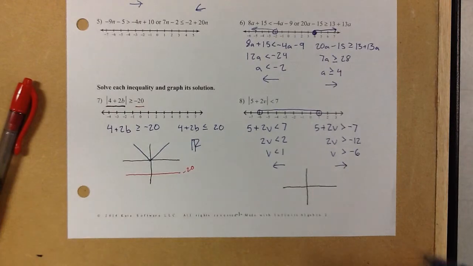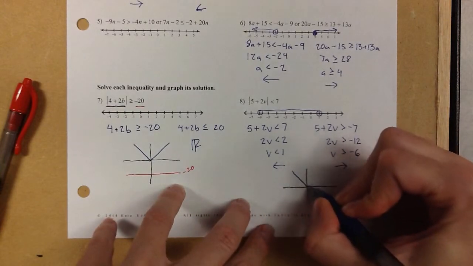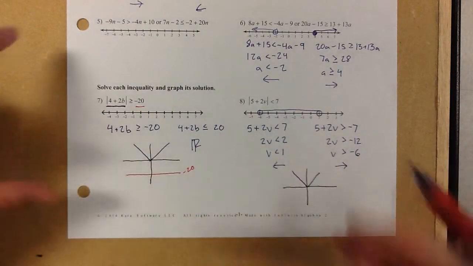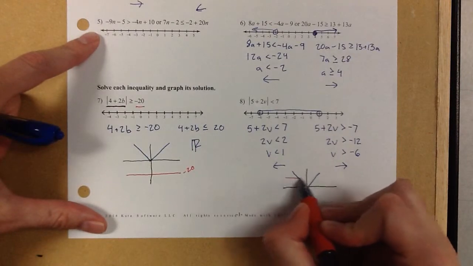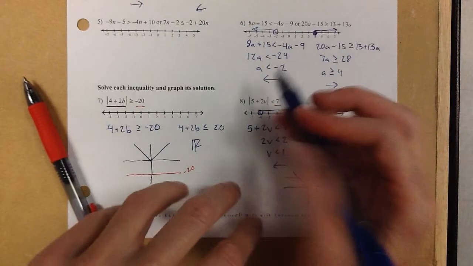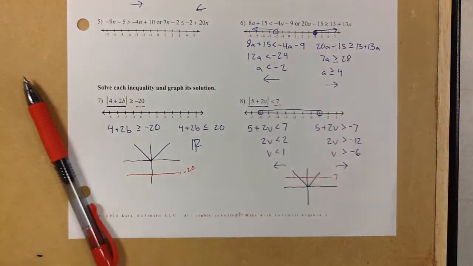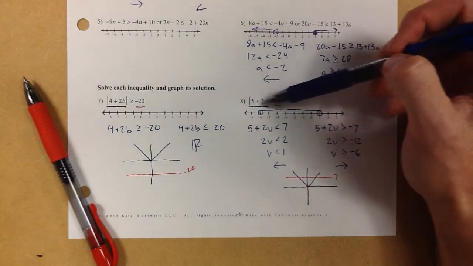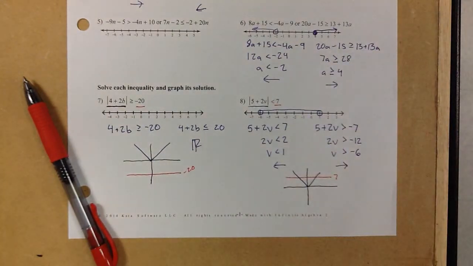So graphically, there's my absolute value. We'll say that's 7. So what is this asking?